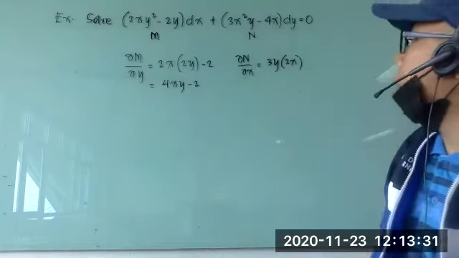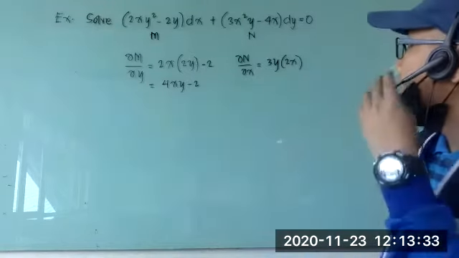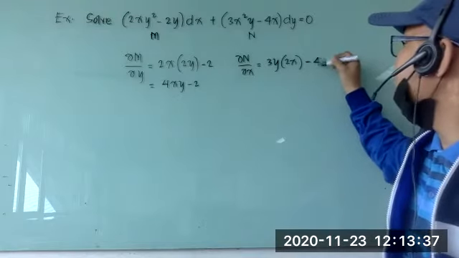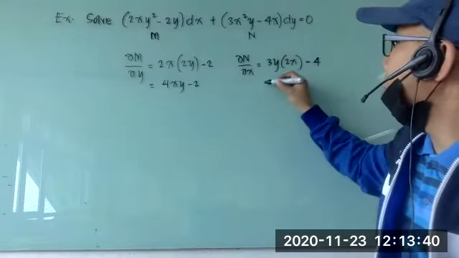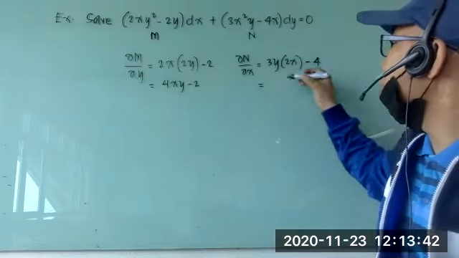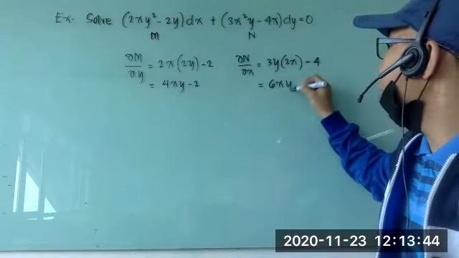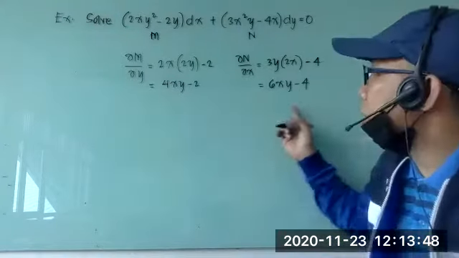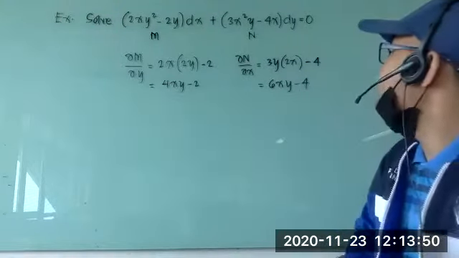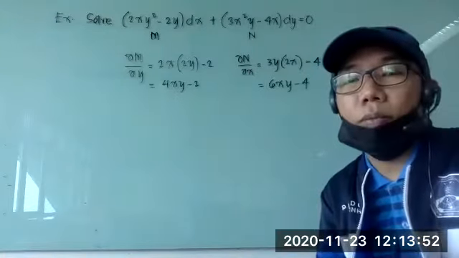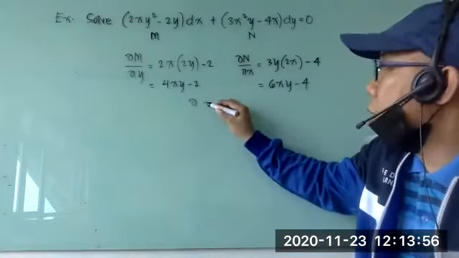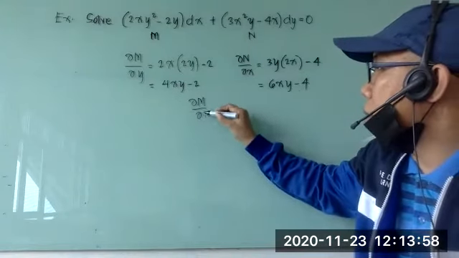For the second term, you have minus 4x, so we have minus 4 as its derivative. Okay, if you rewrite this one, we have 6xy minus 4. Okay, what have you noticed? Their partial derivatives are not equal. So it means that this is not exact, or a non-exact DE.